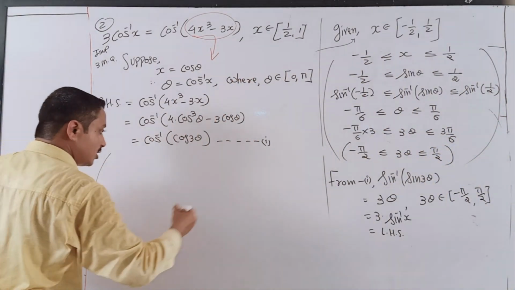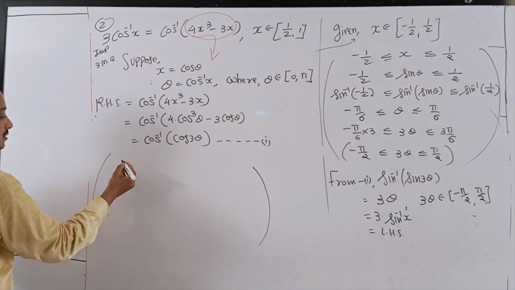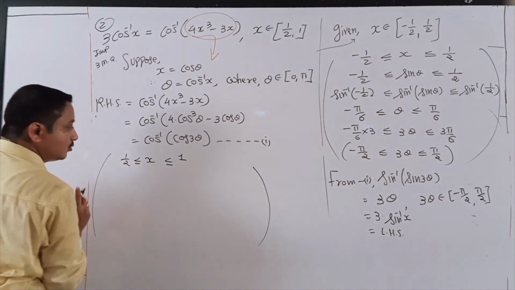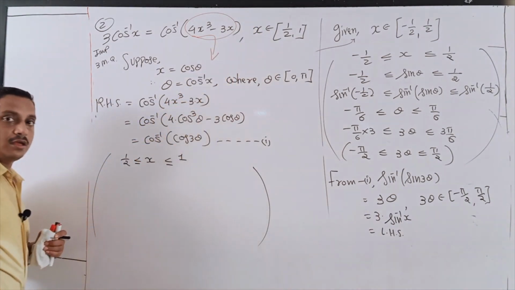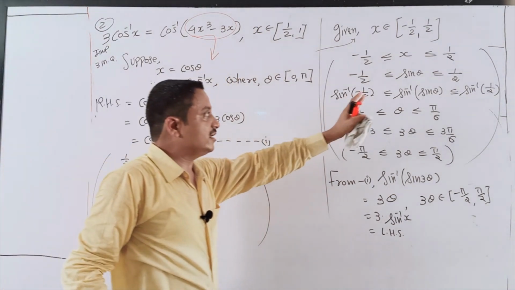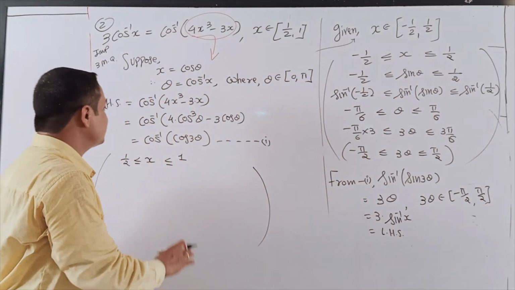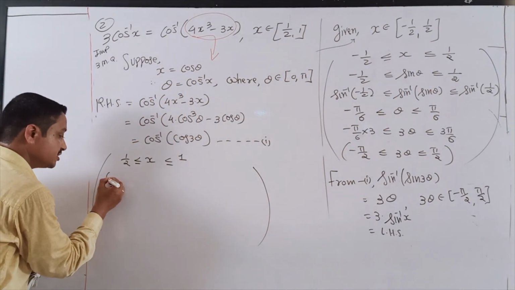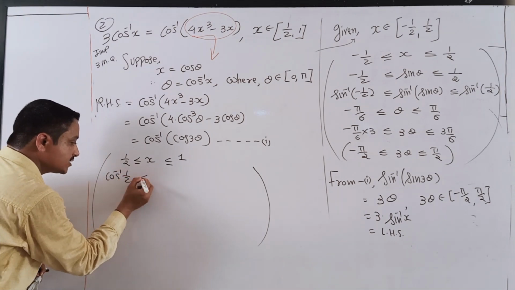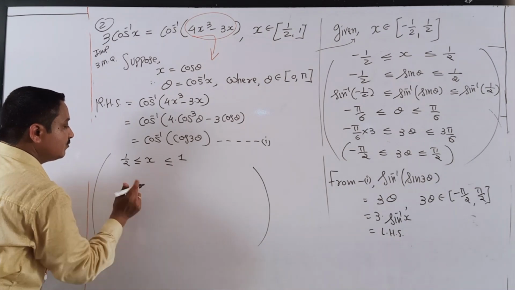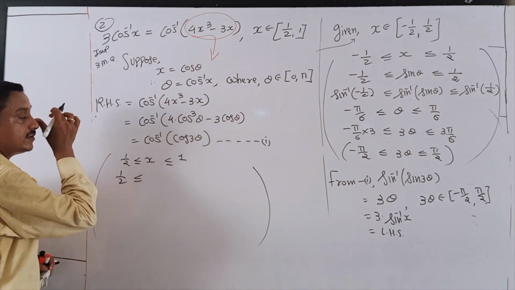So I go to the condition now. What is the condition? Half less than x less than or equal to 1, that is given. But now students, with sin the inequality does not change, while with cos the inequality changes because cos is a decreasing function. Sorry, my mistake. First of all, put in the x value. What is your x value?